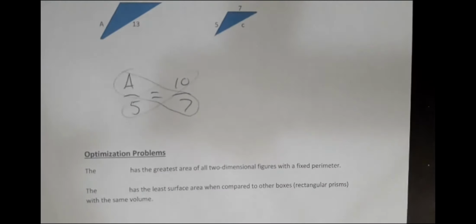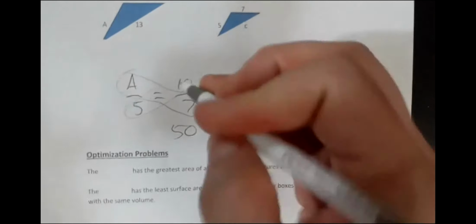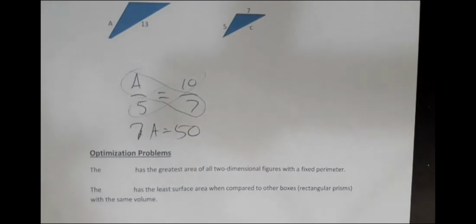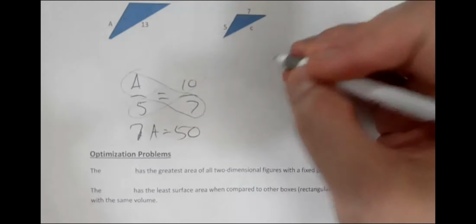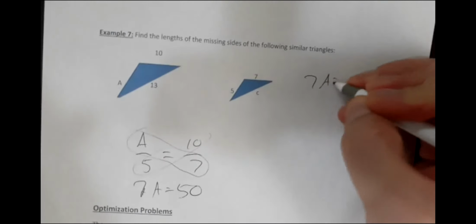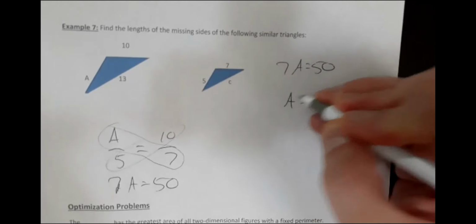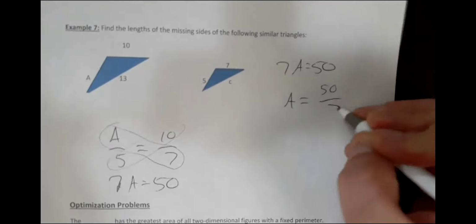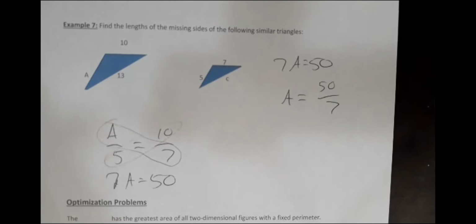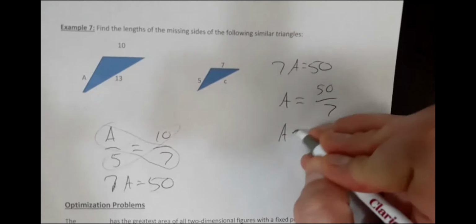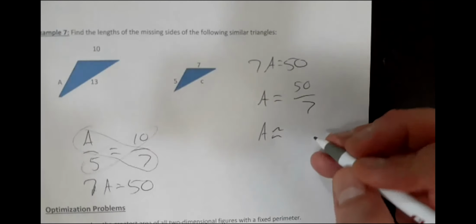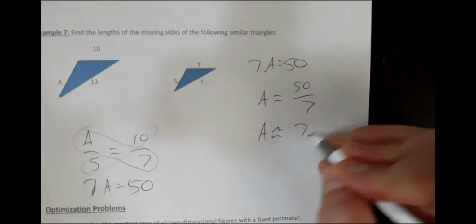So 5 times 10 is going to give me 50. 7 times A is going to give me 7a. So this is telling me 7a is 50. Divided by 7, and I'm going to approximate this. So a is approximately 7.142.